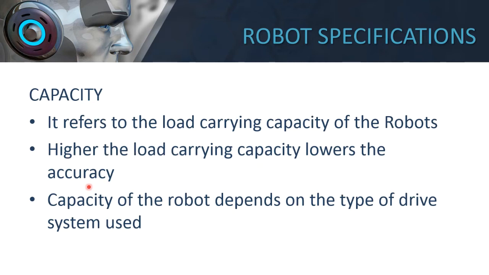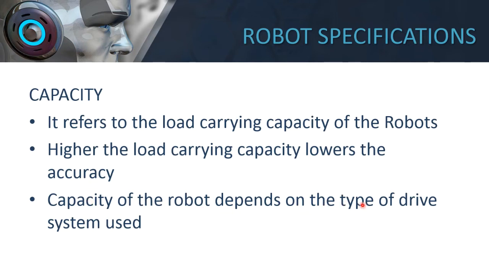So capacity is directly dependent upon the accuracy of the robot. If the load carrying capacity is very high, generally there is a sag at the end of the wrist which decreases the accuracy. If the load carrying capacity of the robot is lower, then the accuracy will be increased.